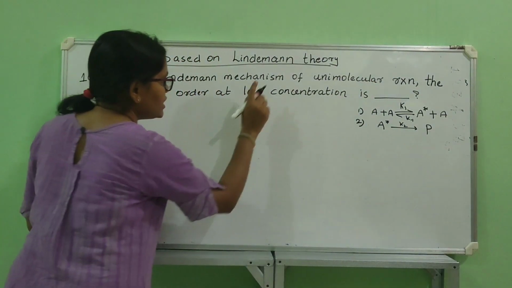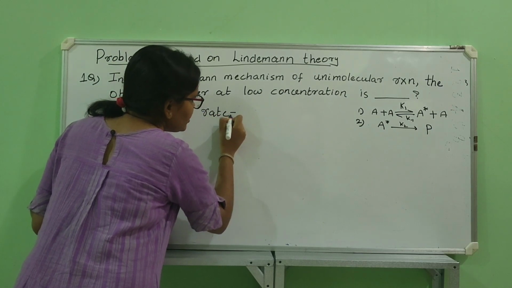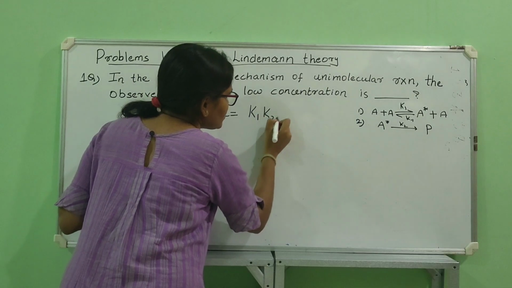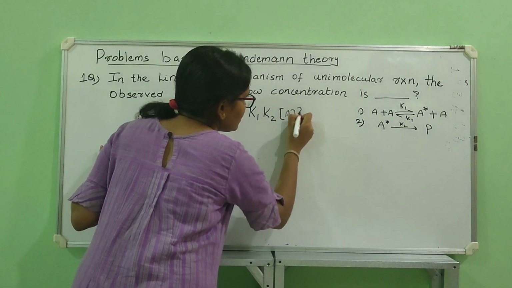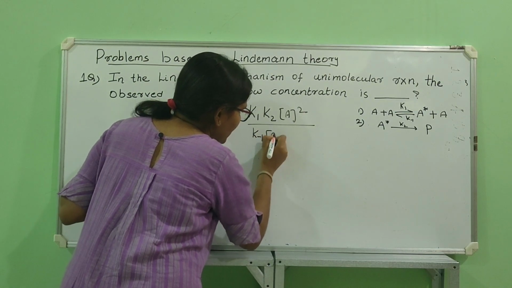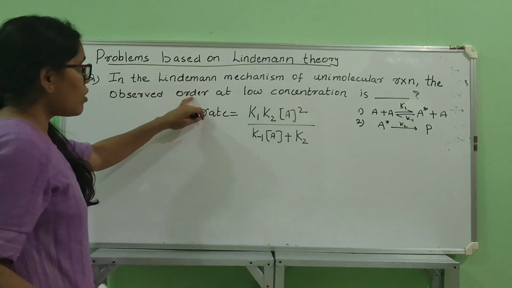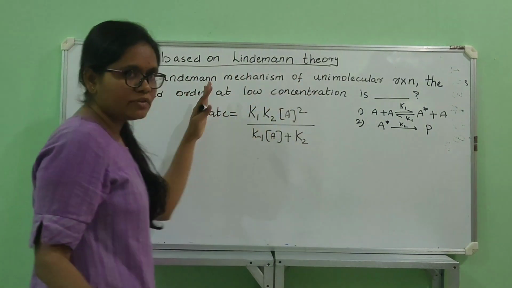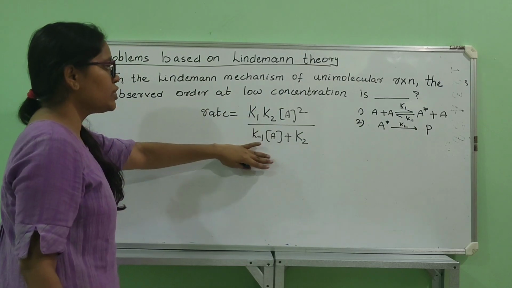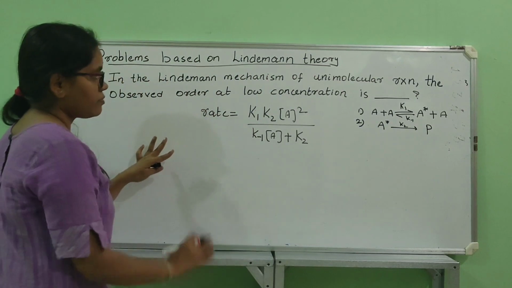And we derived the rate for unimolecular gaseous reactions as, so the rate was given as K1, K2, A square by K minus 1, A plus K2. So the order of any reaction can be obtained from the rate law or rate equation. And the rate equation for unimolecular gaseous reaction is given by this formula from Lindemann theory.